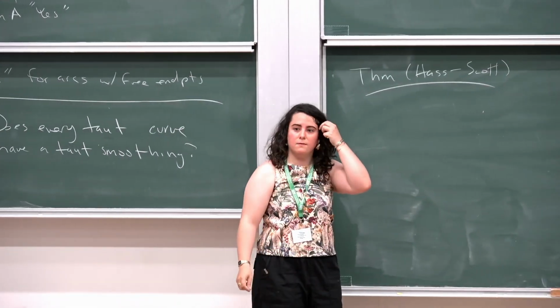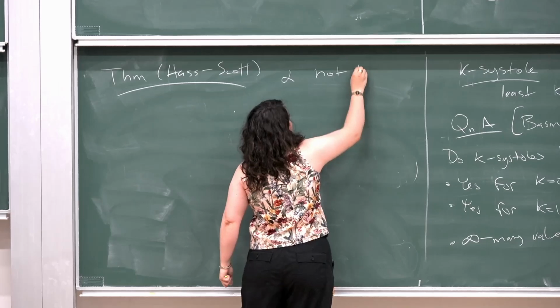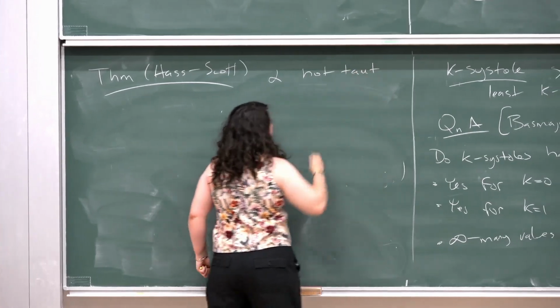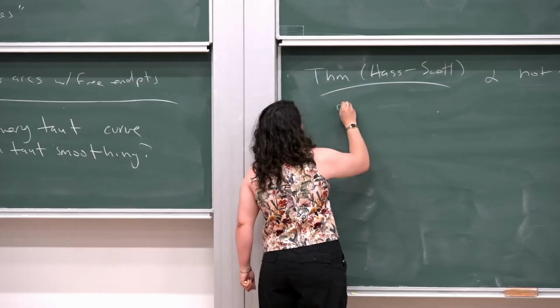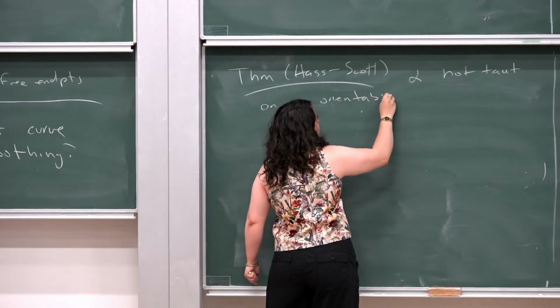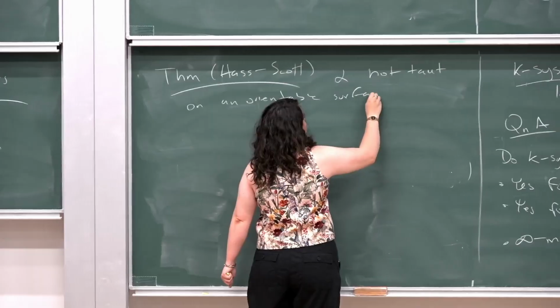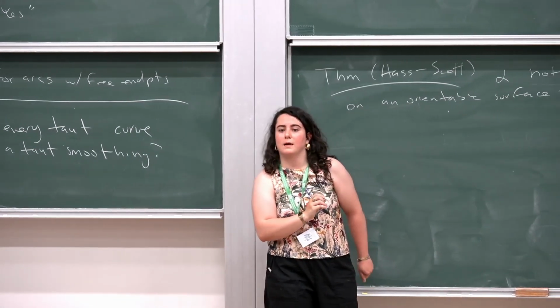If you have a curve that is not taut, on an orientable surface, then that curve has to have a small monogon or bigon.